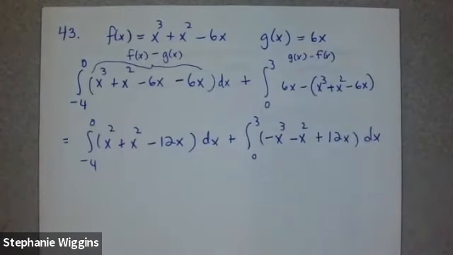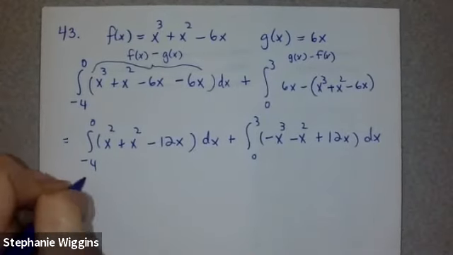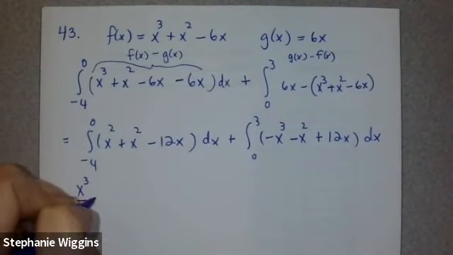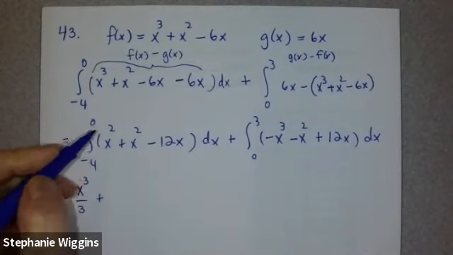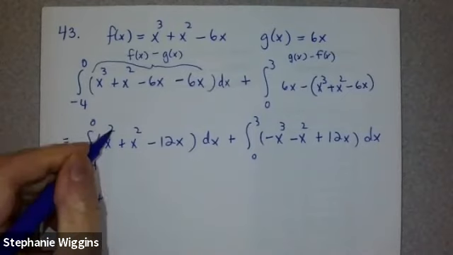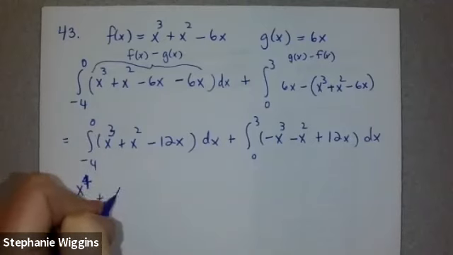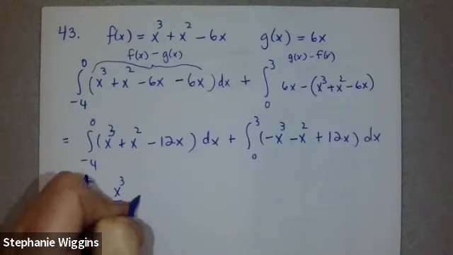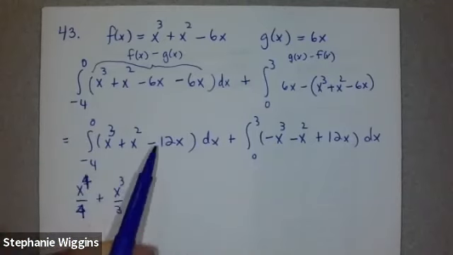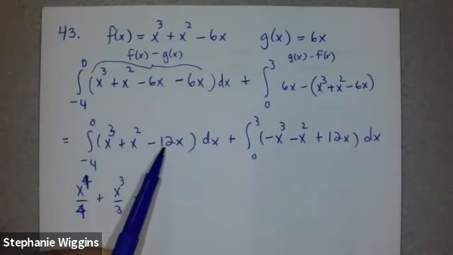dx. So when I do the integration, I'm going to get x to the 4th over 4 plus x cubed over 3 minus, it's going to be 12x squared divided by 2.